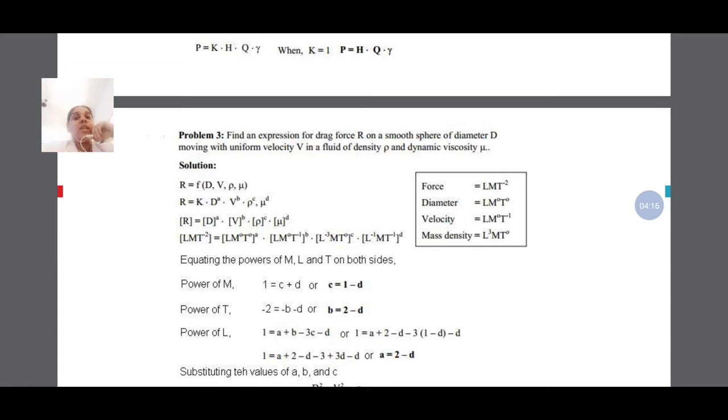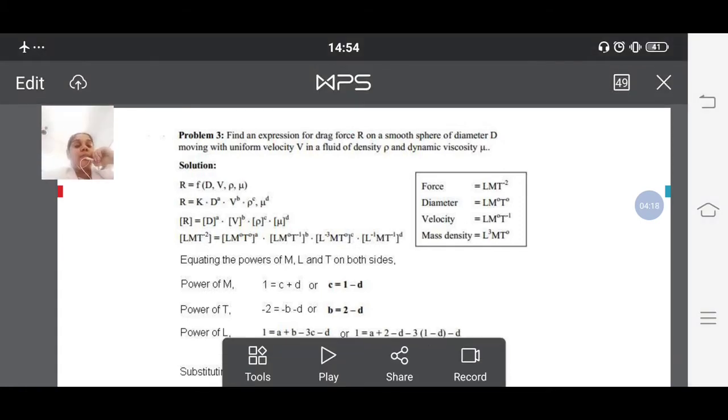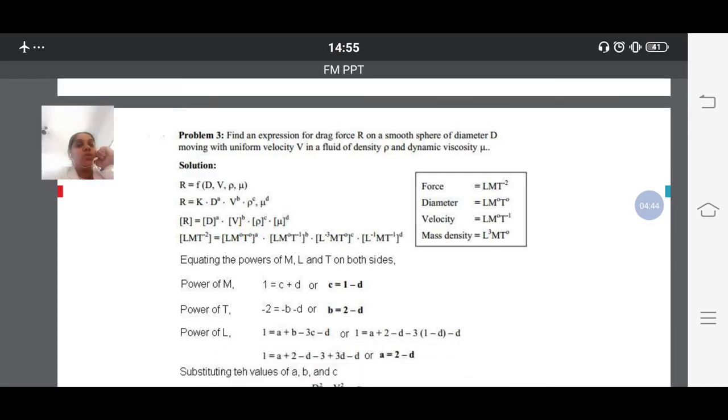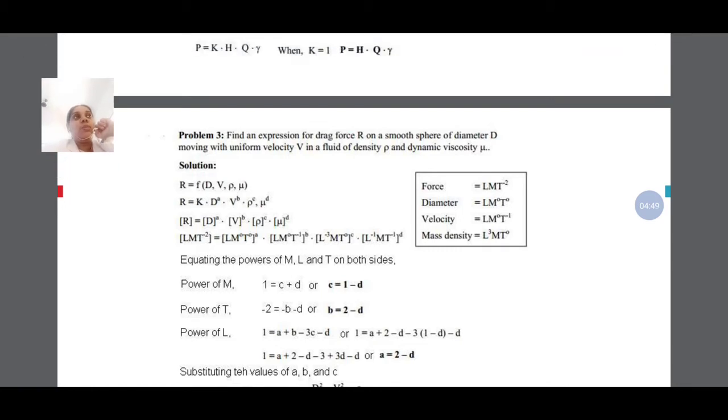Next, sphere diameter. Capital D equals the dimension of diameter, equal to L, but for our convenience we put L, M, T. If there is no power in that, we just put 0 for M and T. So diameter equals L itself, and for our reference we put M power 0 into T power 0. So diameter equals L or L into M power 0 into T power 0.